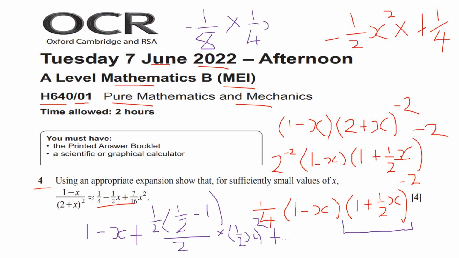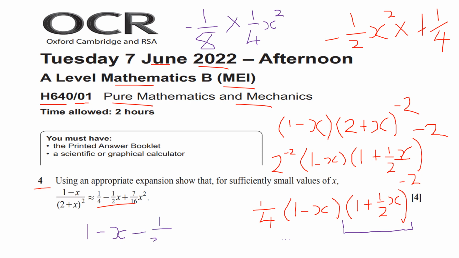So you got minus 1/32 x squared. So this is all going to simplify to minus 1 over 32 x squared plus dot dot dot.